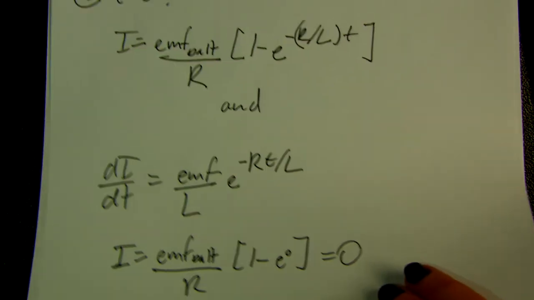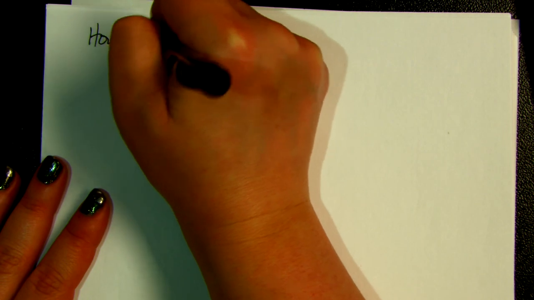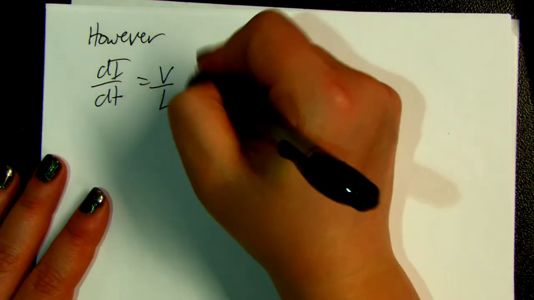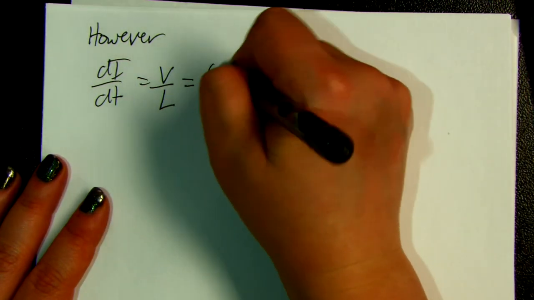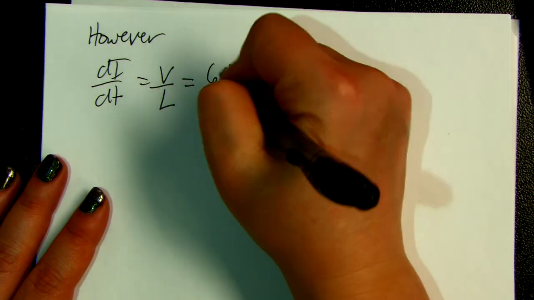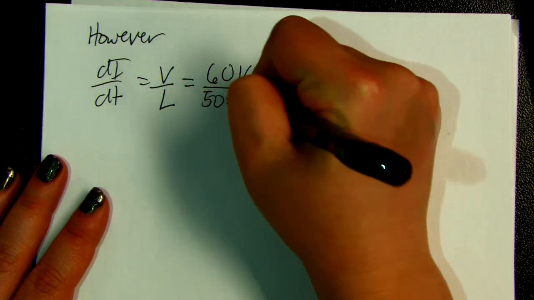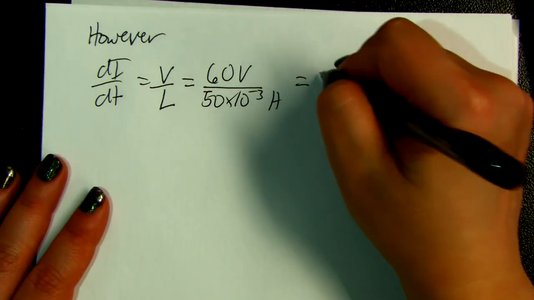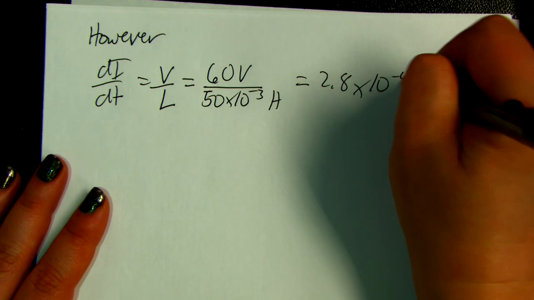However, and this is where it continues to be interesting, dI/dt is equal to V over L, which is equal to 60 volts divided by 50 times 10 to the minus 3 henries, which is equal to 2.8 times 10 to the minus 4.